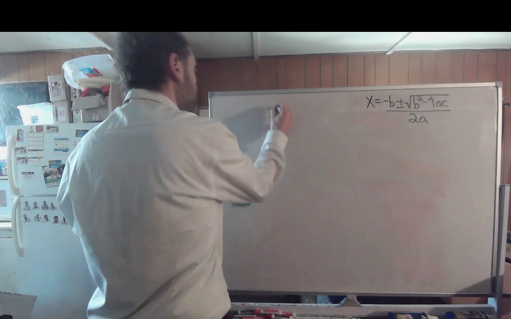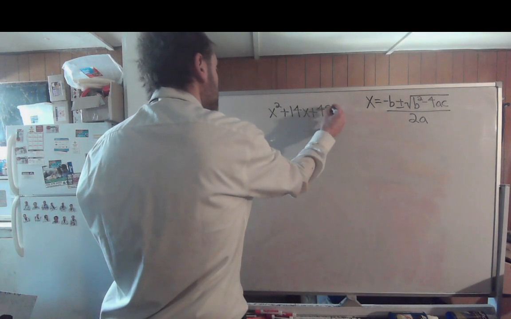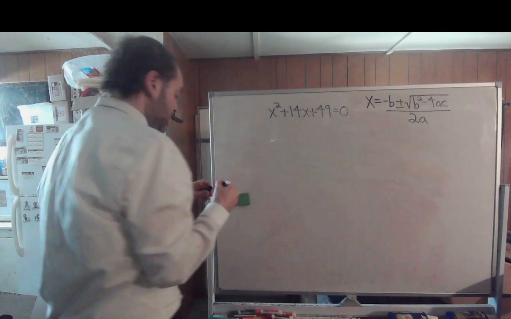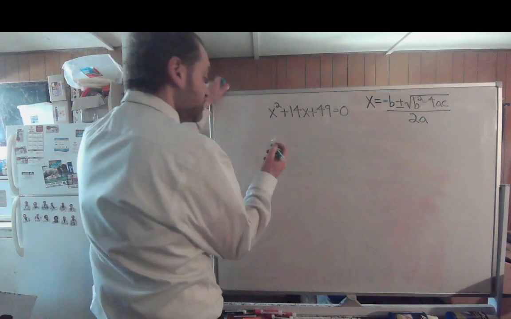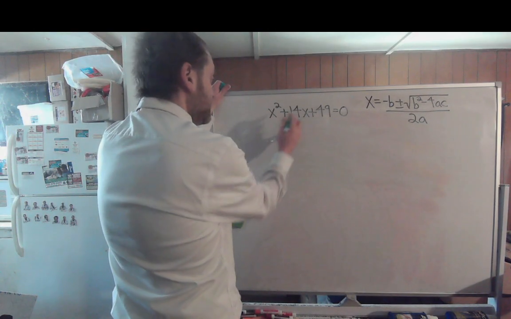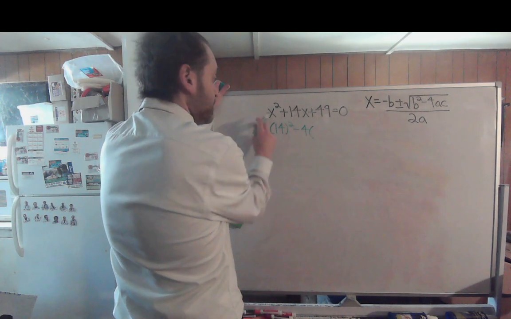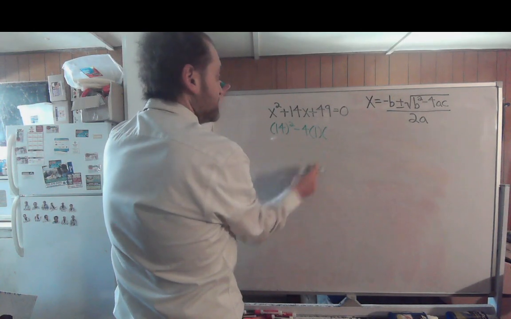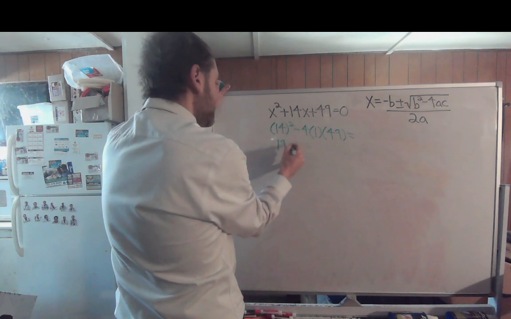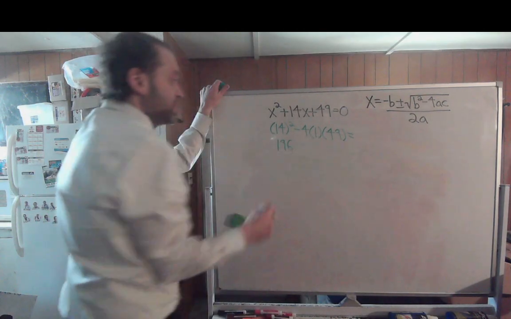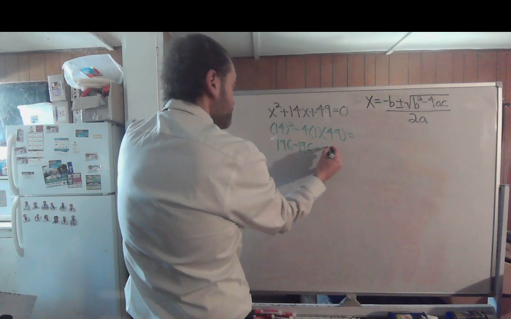Alright, x squared plus 14x plus 49 is equal to 0. So take your discriminant, which would be that b squared, so that'd be 14 squared minus 4 times your a of 1 times your c of 49. 14 squared is 196, minus 4 times 49, that would be minus 196, which would give you 0.